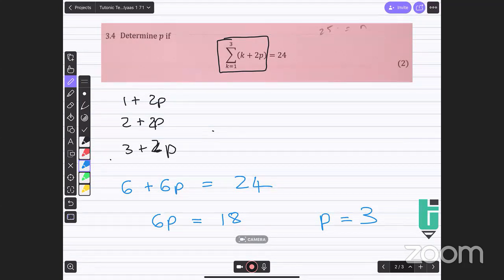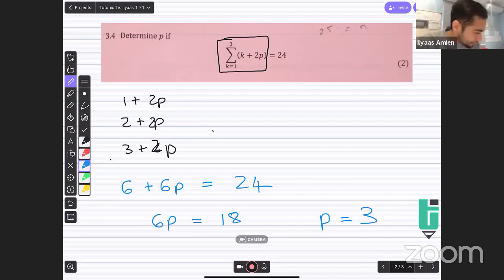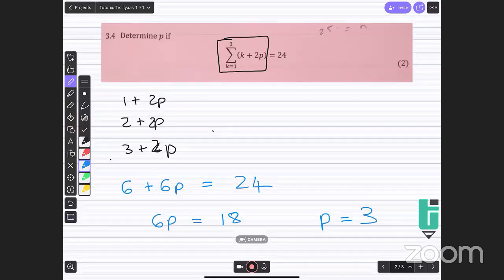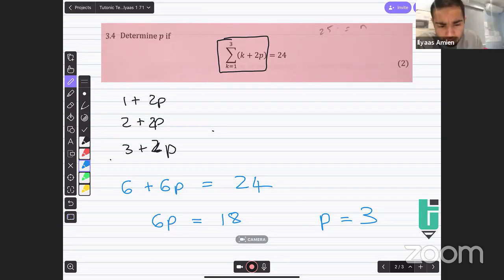It's fine. I didn't think that we would have to add up. Whenever they give you sigma notation, I always write it out. It's always better to write it out. Just like with the previous question, didn't we write it out? Yeah. So I think it's a good idea to write it out, because then you start to see the different patterns.